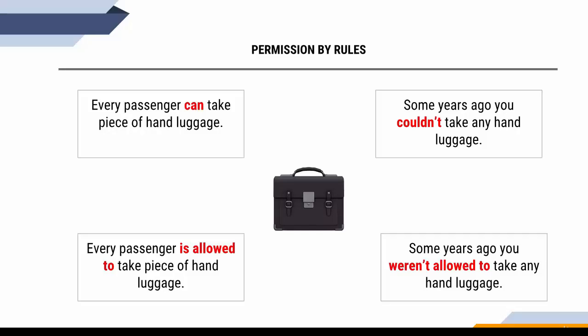In the past, some years ago, you couldn't take any luggage. So could here is the past tense of can, and because of that, it can be used for permission by written rules. Some years ago, you couldn't. The same goes with the new structure: some years ago, you weren't allowed to take any hand luggage.